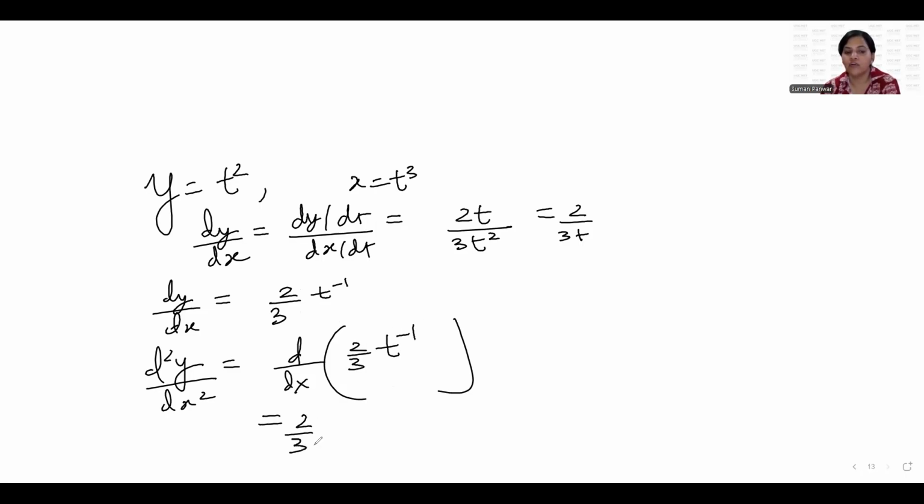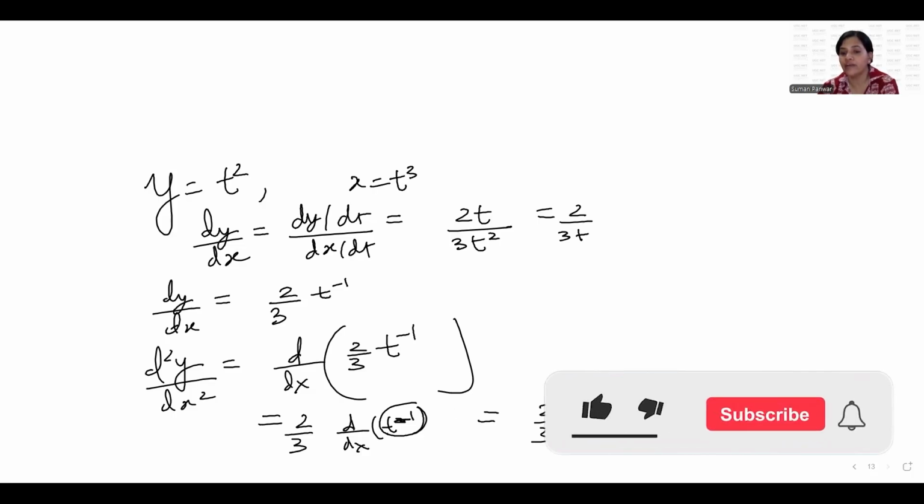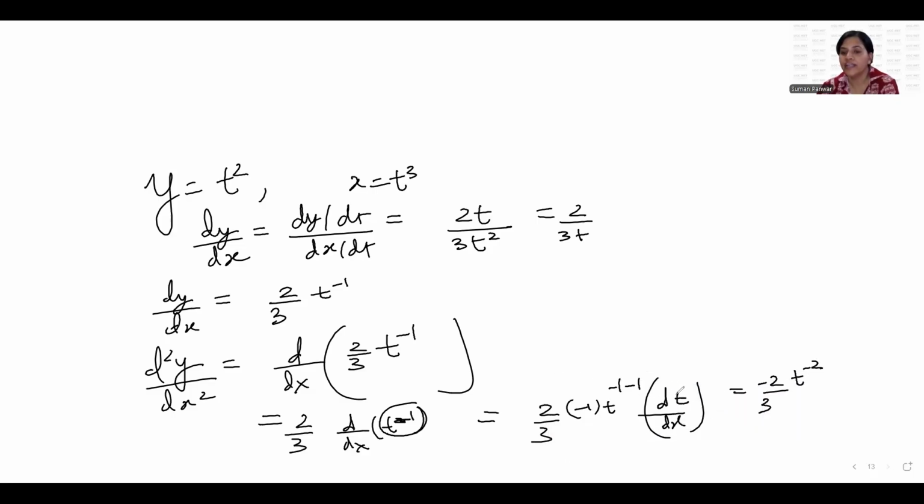This is nothing but d by dx of the first derivative. The constant will come out by the constant multiple rule. Now, d by dx of t power minus 1. Apply the power rule: minus 1, t power minus 1 minus 1. Now, you will have to calculate the derivative of t with respect to x because we are following the chain rule. So this is minus 2 by 3, t power minus 2, dt by dx.